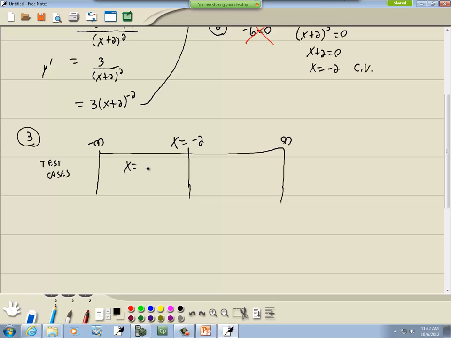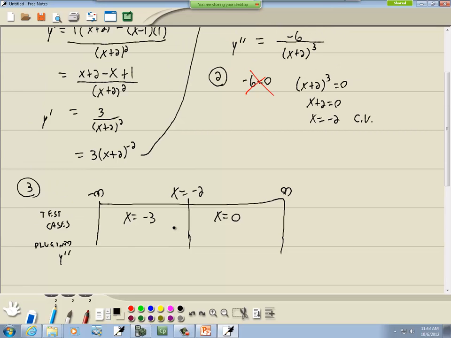Some value between negative infinity and negative 2, like negative 3. Some value between negative 2 and infinity, like 0. And we want to plug this into our second derivative. So our second derivative was negative 6 over x plus 2 to the third.